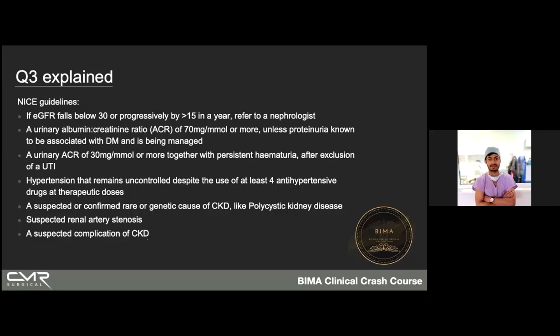ACR of more than 30 with hematuria, after exclusion of UTI and renal colic, has to be referred. Uncontrollable hypertension, and then also rare causes of CKD, suspected renal artery stenosis, and also any complication of CKD. So that would be any of the symptoms that I mentioned at the start.